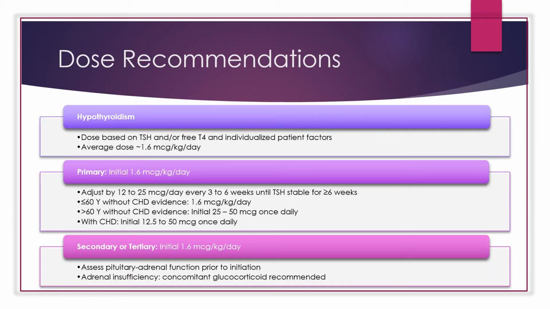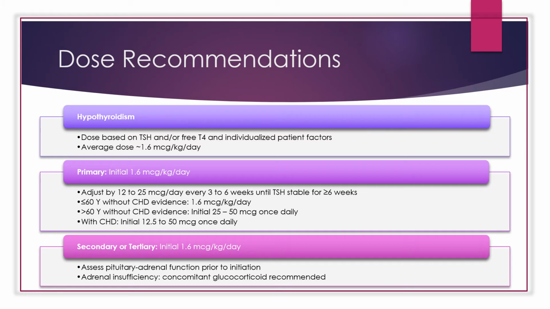Dose recommendations. For hypothyroidism, the dose is individualized according to the clinical response and serum TSH, or thyroid-stimulating hormone, and free T4 concentrations. The average dose is about 1.6 micrograms per kilogram per day.